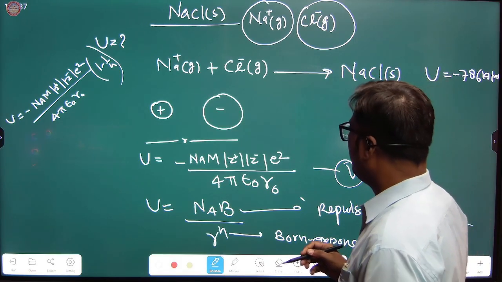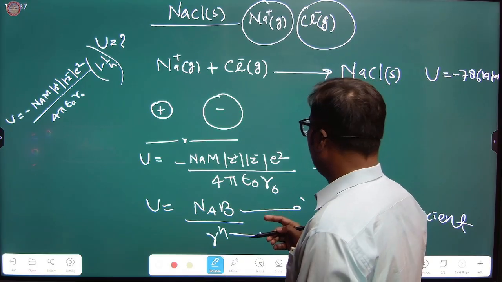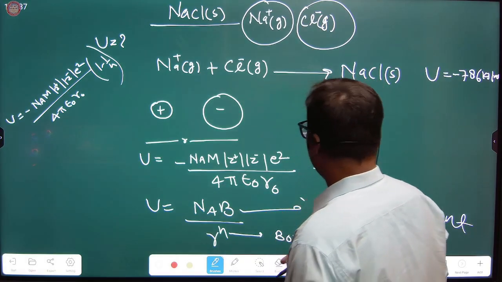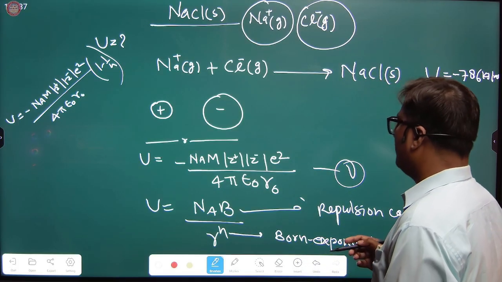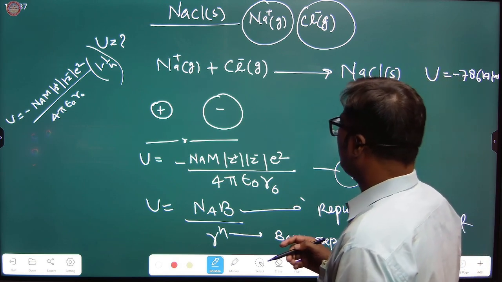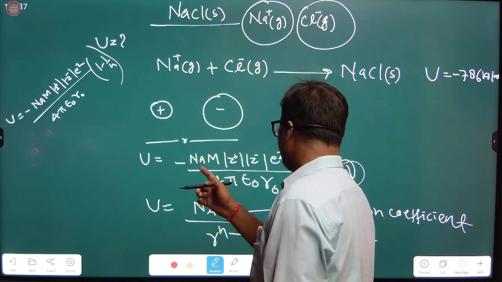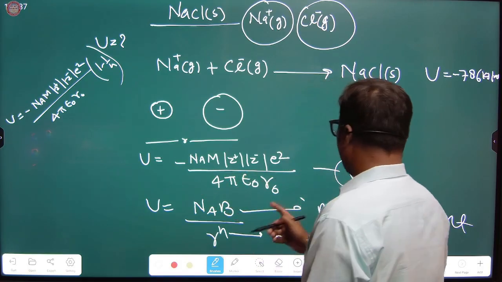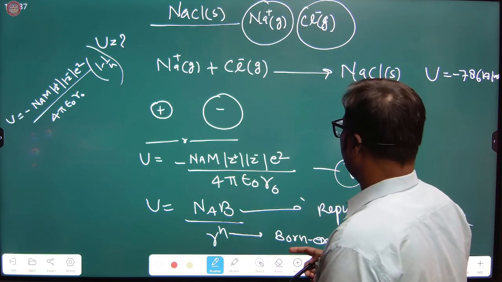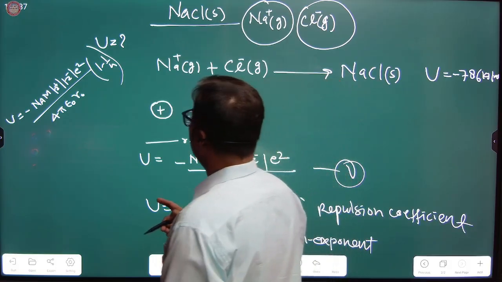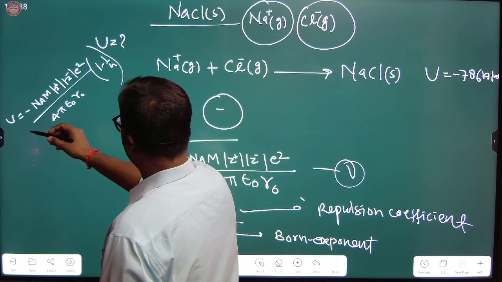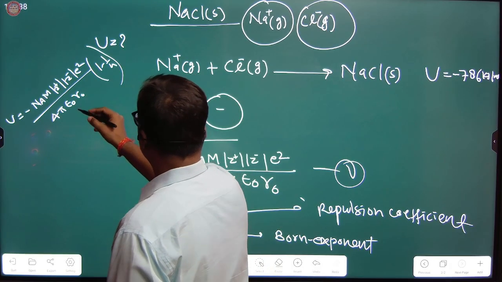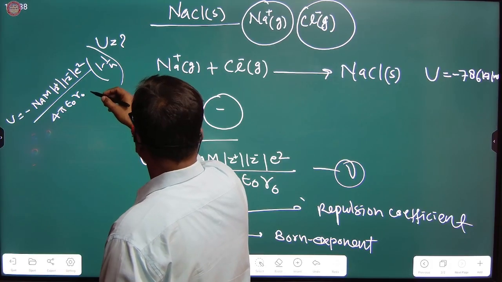First, electrostatic interaction, and second is the electrostatic repulsion, right? Here we are not going to consider the polarization effect. So only two terms, that is electrostatic interaction energy and repulsion energy. Through the combination of these two equations, we can get U equal to minus N_A M Z plus Z minus e square.